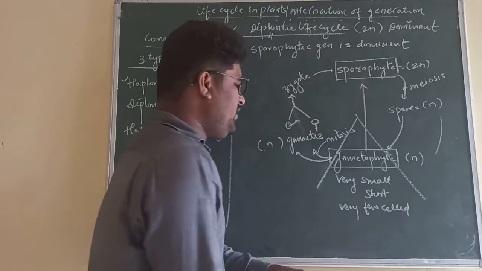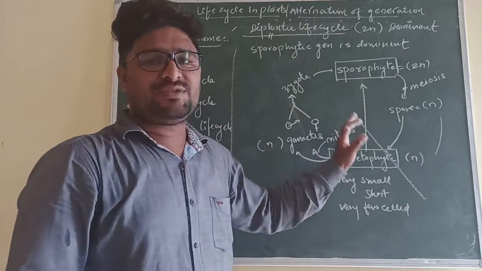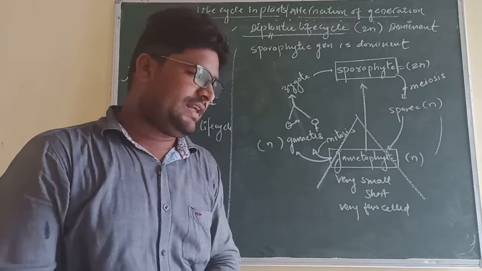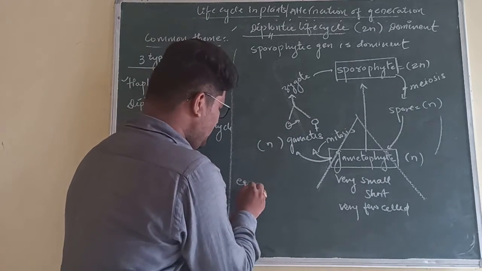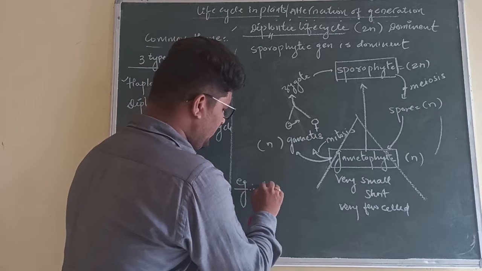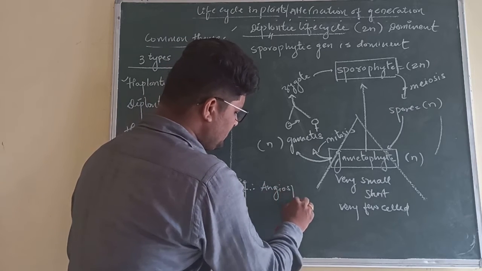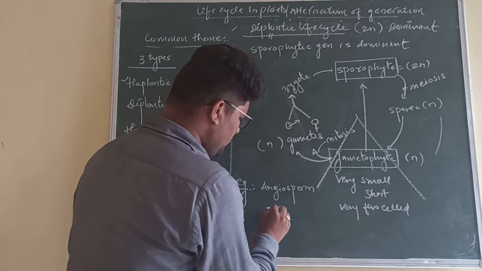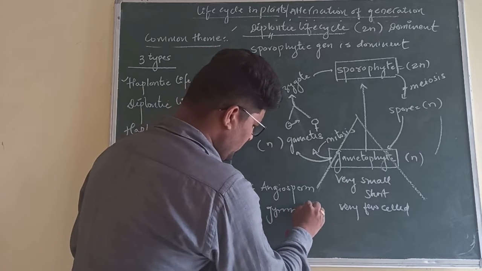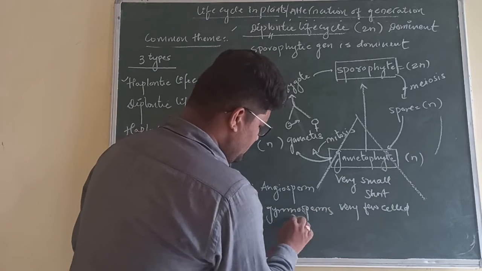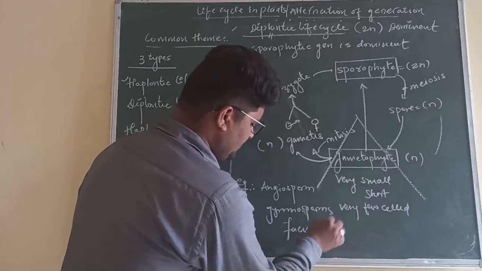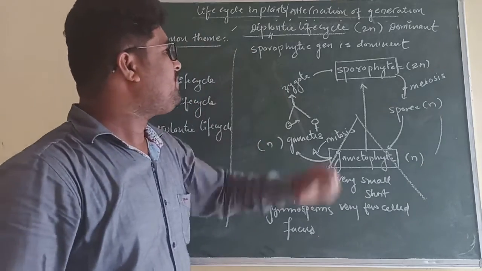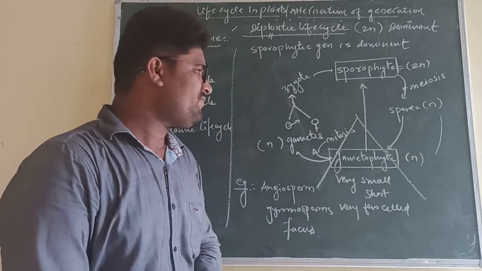That's why this cycle remains for this much time only, and that's why it is said to be diplontic life cycle. The examples of this diplontic life cycle are angiosperms, gymnosperms, and some of the fucus. These brown algae are the examples of this diplontic life cycle.